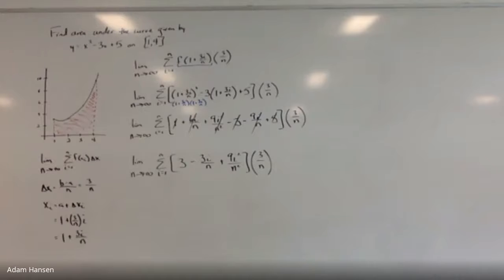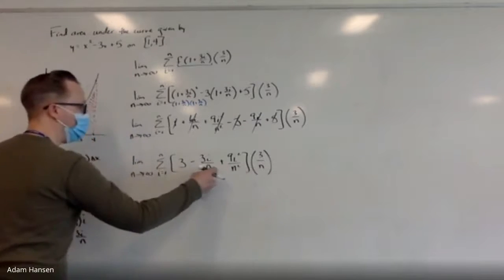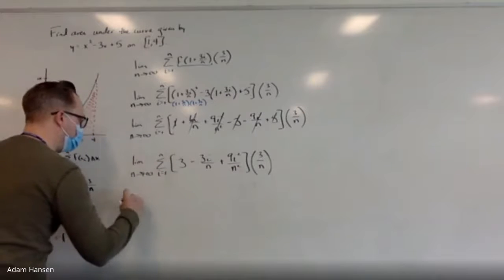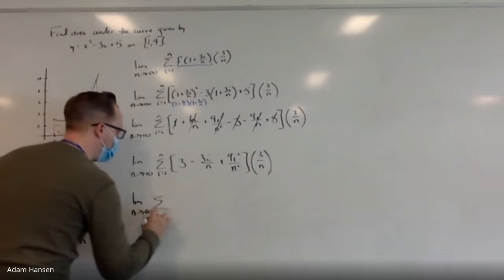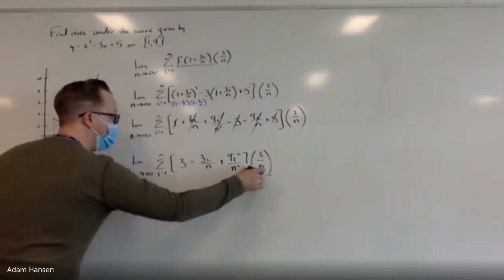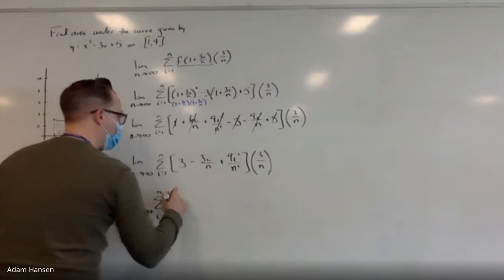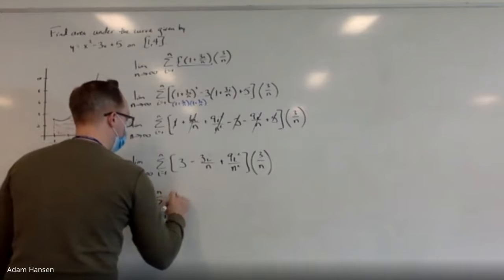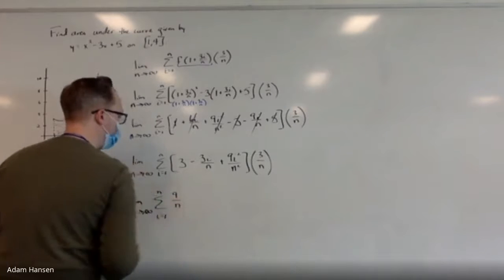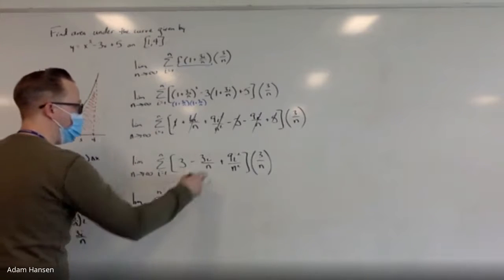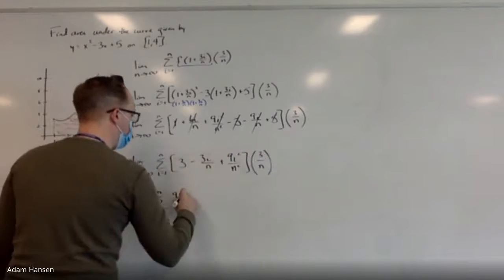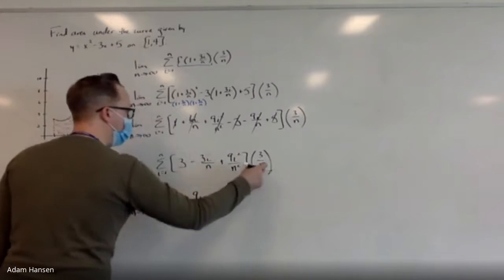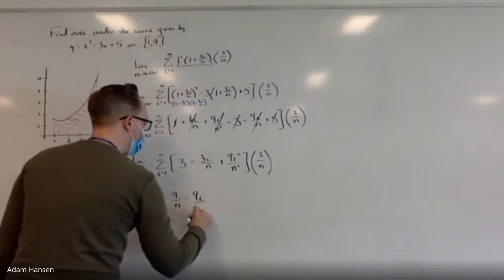So I can now multiply those two quantities together. Let's distribute the 3 over n times each of the 3 terms in here. 3 over n times 3 is 9 over n. 3i over n times 3 over n, that's 3i times 3 for 9i, and n and n make n squared in the denominator.